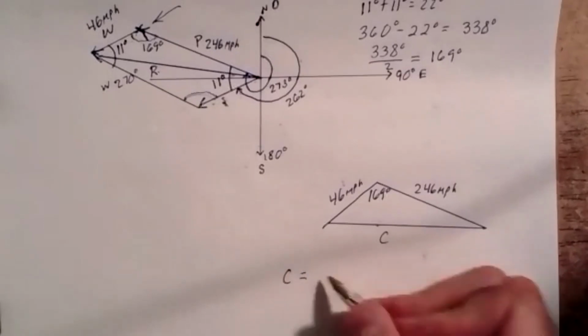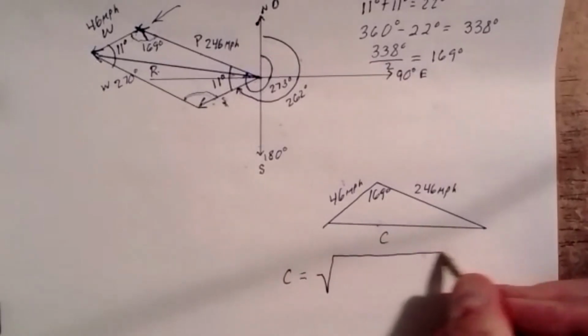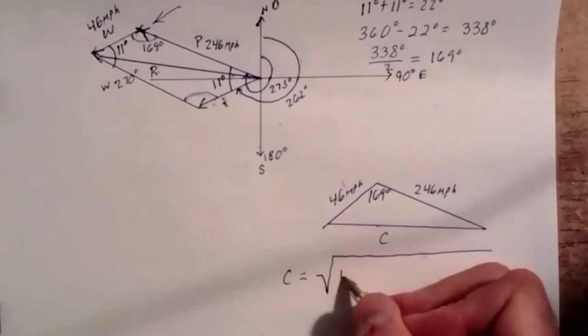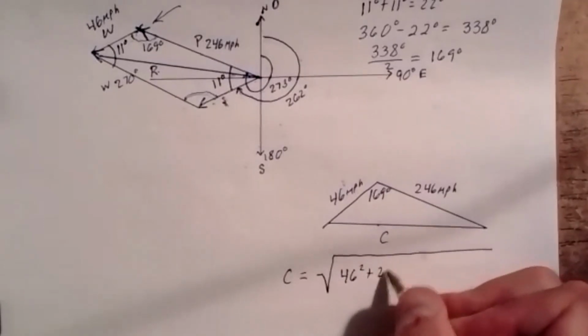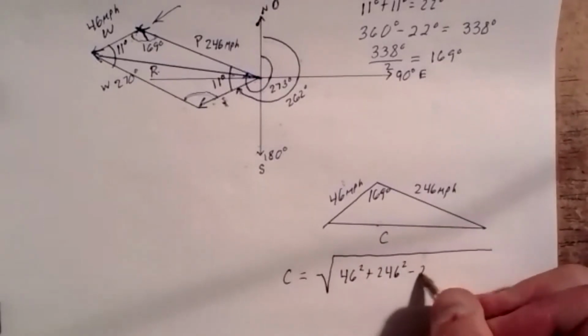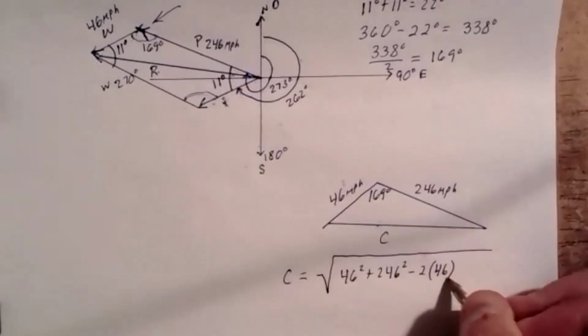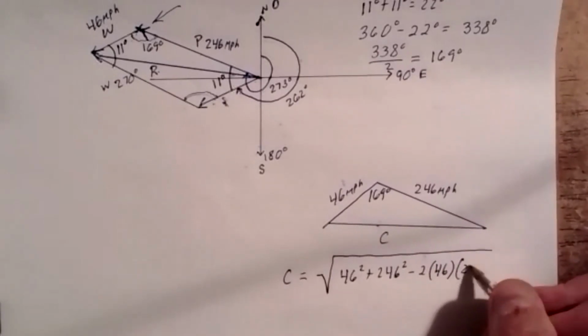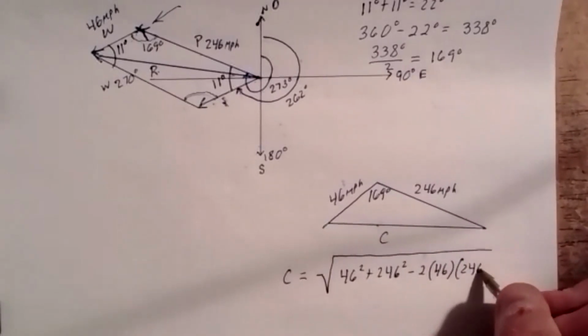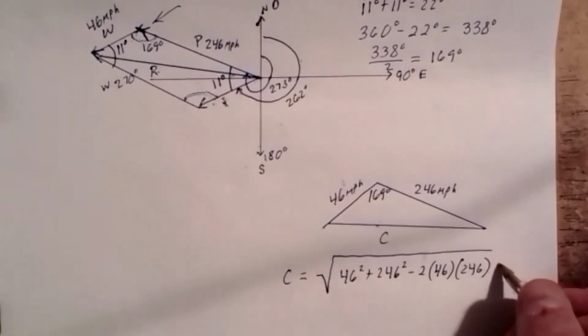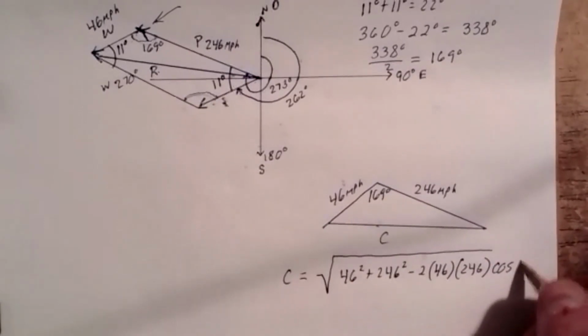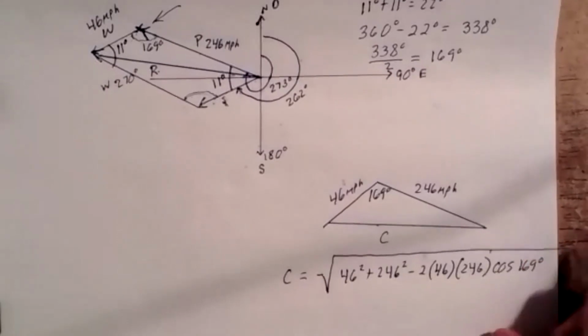Using the law of cosines, side C is equal to the square root of 46 squared plus 246 squared minus 2 times 46 times 246 times the cosine of the angle 169 degrees we deduced.